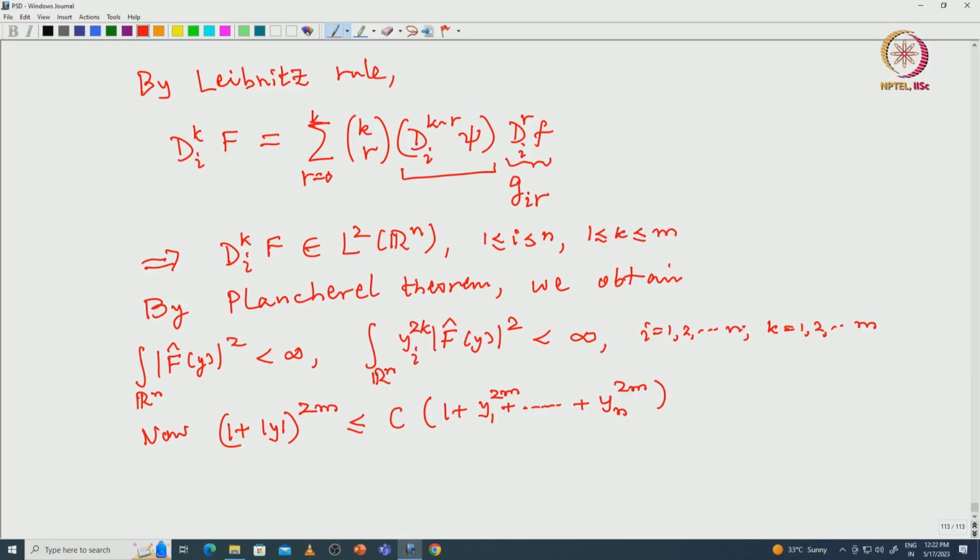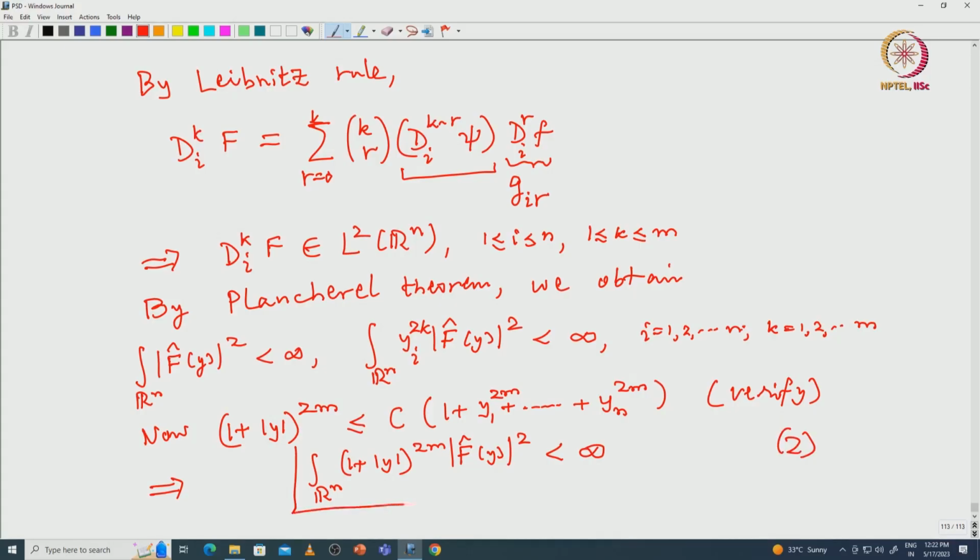Okay. So, this is verified. This is just an algebraic inequality, verify this, and that implies we have this integral over R^n of (1 + |y|^{2m}) |F hat(y)|^2 is finite.